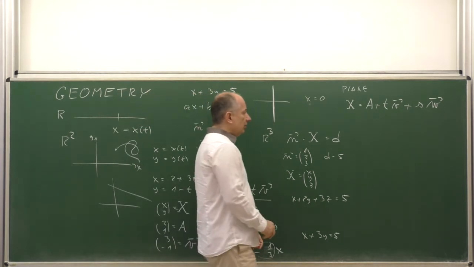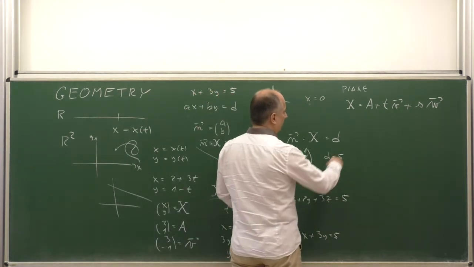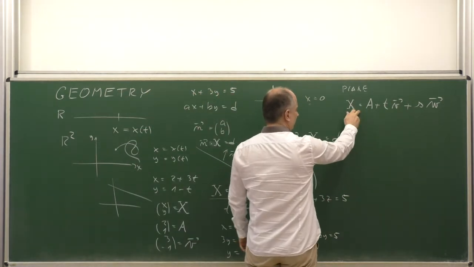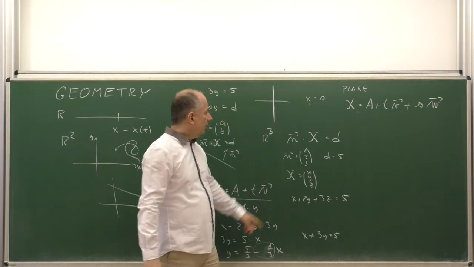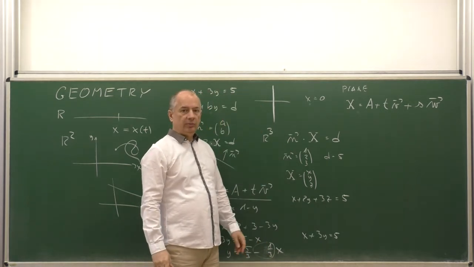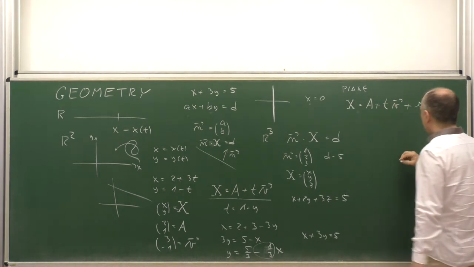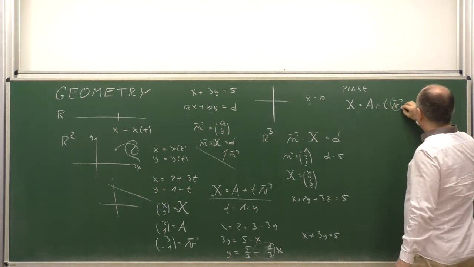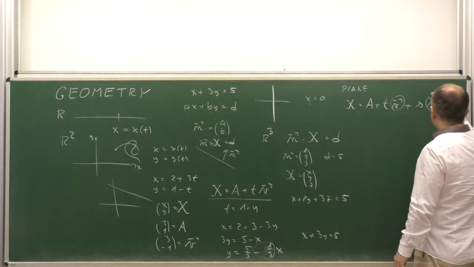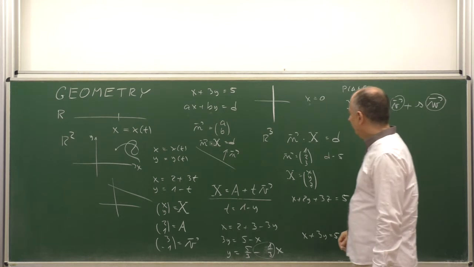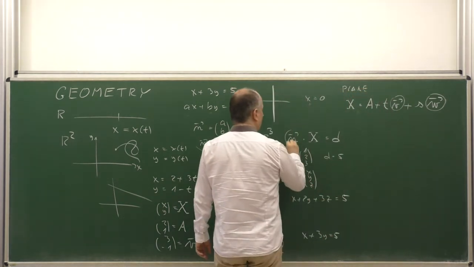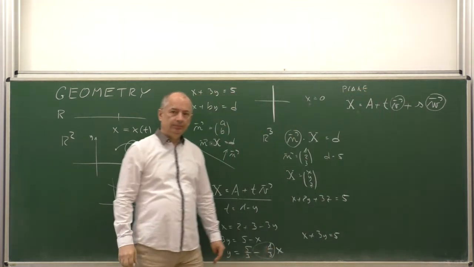Now, sometimes we want to convert from the parametric equation of a plane to the general equation of the plane. So it would be nice to have some relation between the tangent vectors v and w of the plane and the normal vector of the plane.